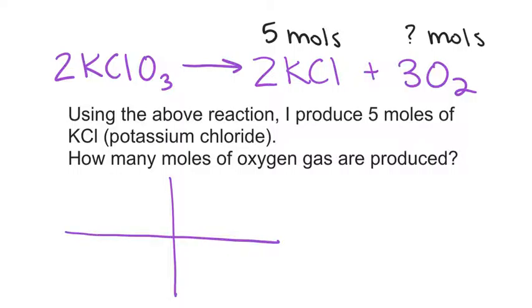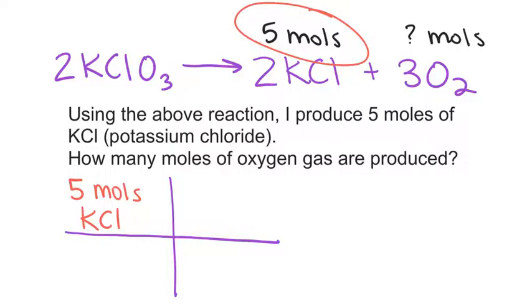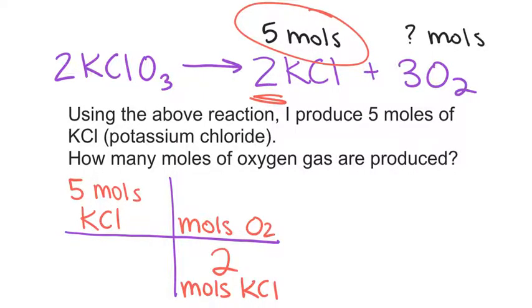And in the upper left, just like before, we put the given value, 5 moles of KCl. We know that moles of KCl has to go on the bottom so that we don't end up with those units, and that moles of O2 has to go on the top so that we do end up with those units. The number in front of KCl is a 2, so we put that with KCl.